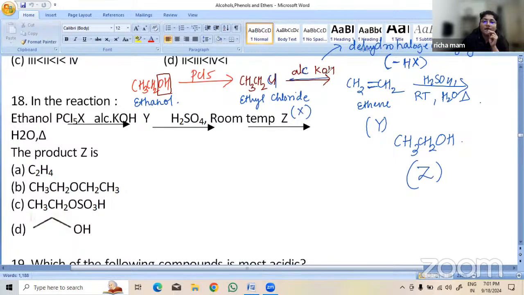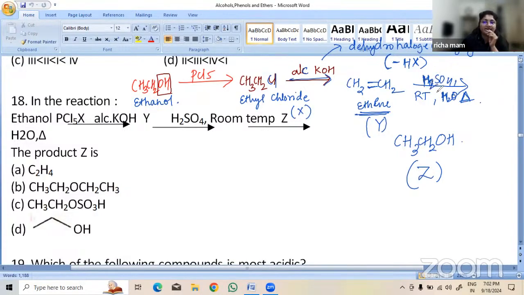Then alcoholic KOH. What is the role of alcoholic KOH? It is a dehydrohalogenating agent, so it removes a hydrogen halide. One hydrogen and one halide go, and it forms an alkene. The resulting alkene here is ethene. Further, we react this ethene with H2SO4 at room temperature in the presence of water, and we heat it.